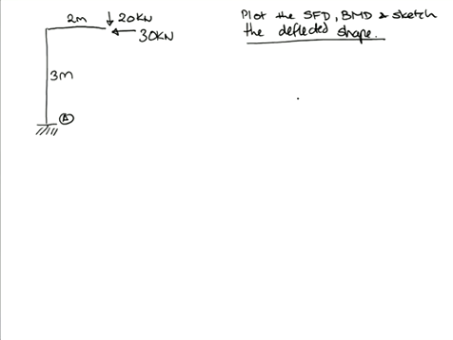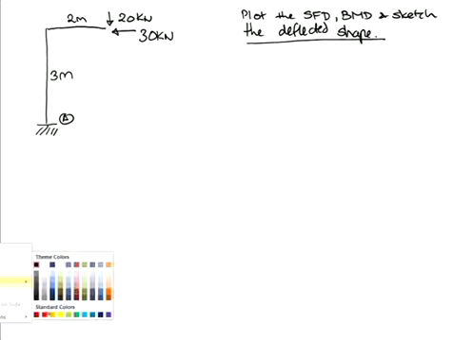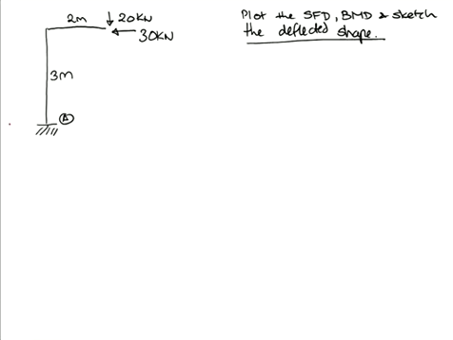What I'm going to do now is I'm going to give you guys some reactions, and I want you to attempt to draw the shear force bending moment diagram. So our horizontal reaction at A must of course oppose the horizontal action of 30. My vertical reaction at A must of course oppose my action of 20.